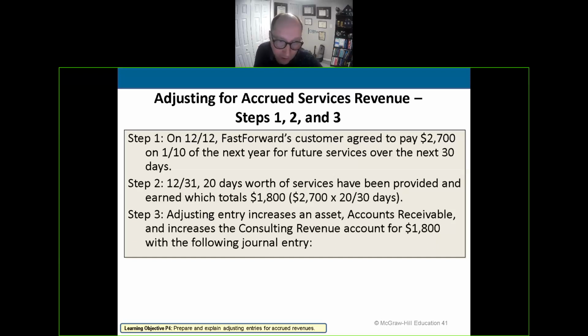So 20 days worth in December, which is 1,800. It's the total amount times 20 over 30 to represent the 20 days in the month of December.